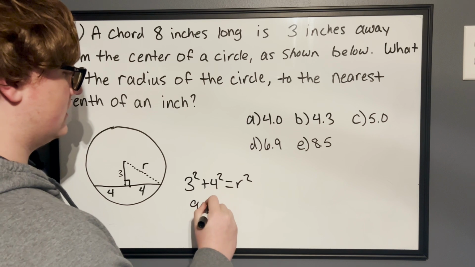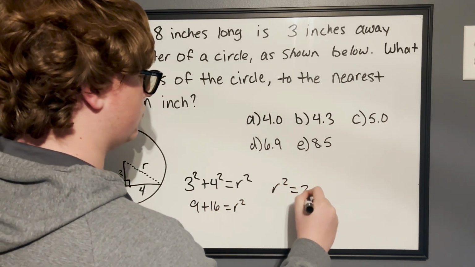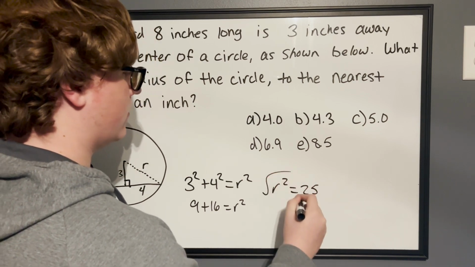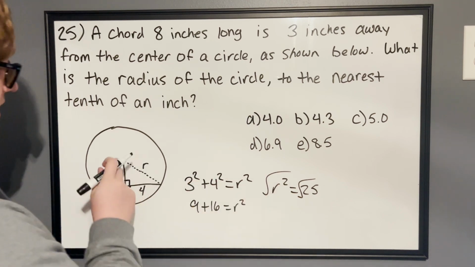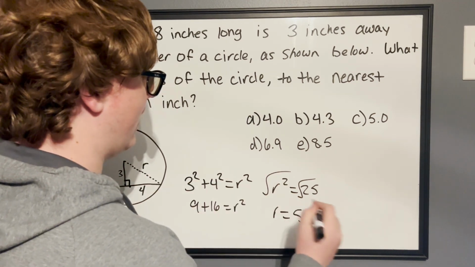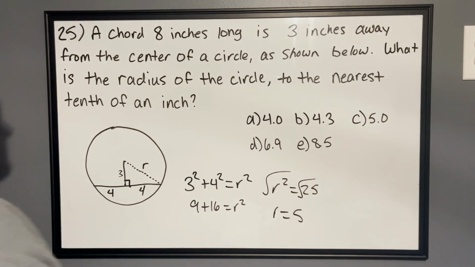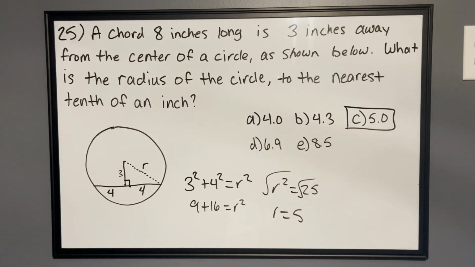So 9 plus 16 equals r squared. That means r squared is equal to 25. When we take the square root of both sides, we don't need the plus minus again because it's a distance. It can only be a positive number. So r is equal to 5 exactly. So our answer for this question is going to be option C. So that's it for question 25.